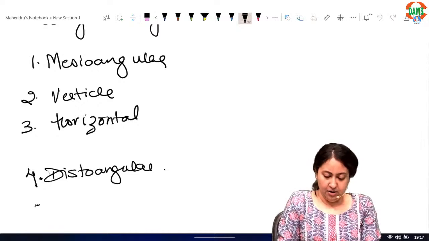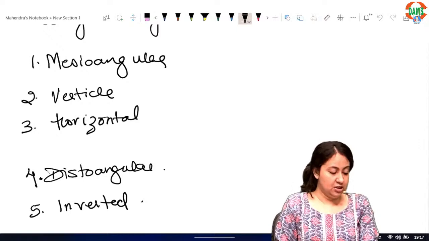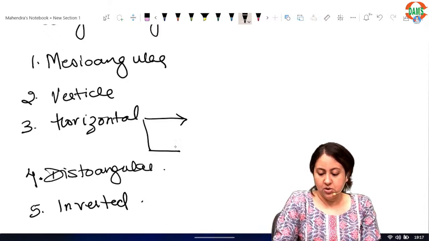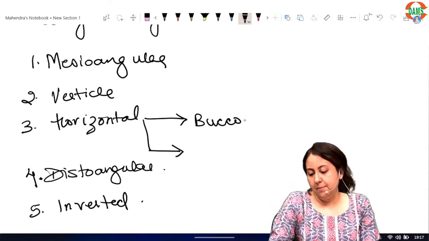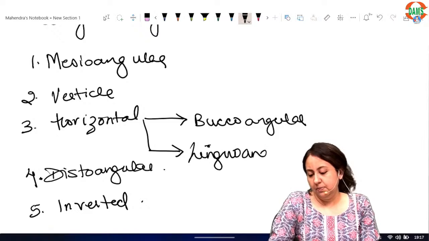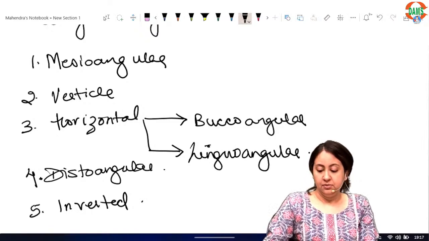Distoangular and inverted. Horizontal is further subdivided into buccoangular and linguoangular.